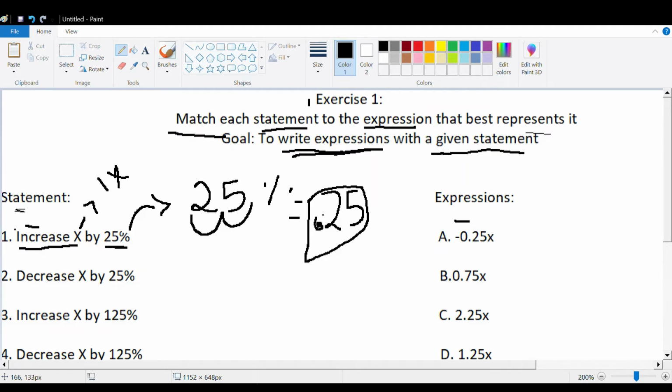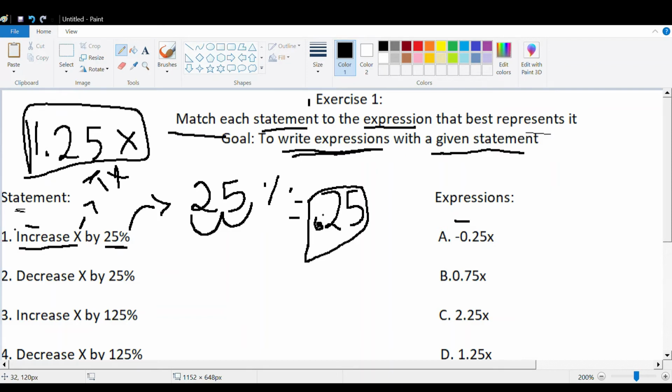But when we add that 25%, we're adding it to that 1 right here. There's always a 1 in front of it. So we're adding to that 1 because we want to increase our x number, which is unknown right now, but we want to increase it, which is why we have to put 1.25x. That's our answer for number 1, which is D.